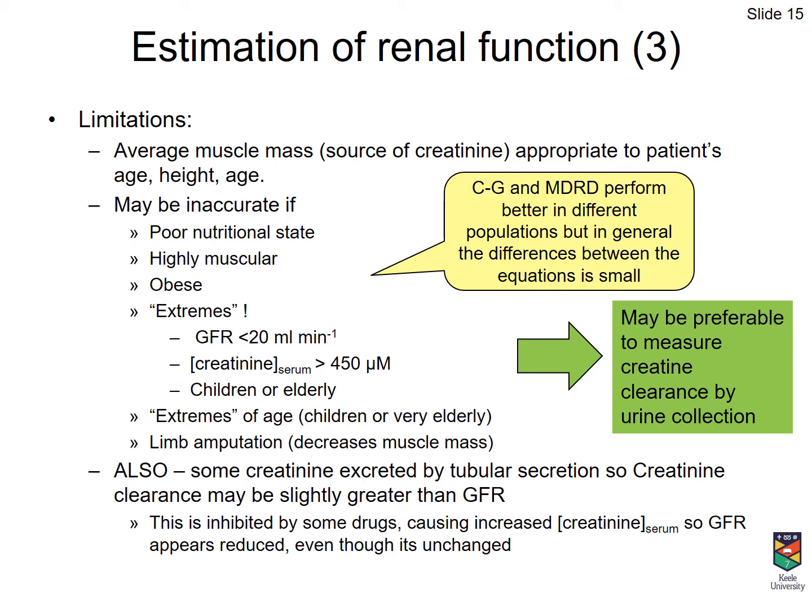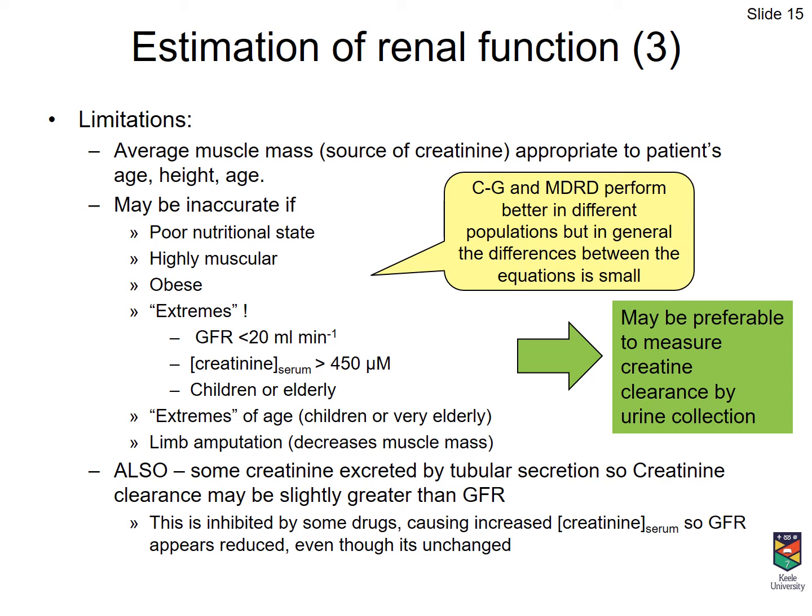So we're assuming actually that the patients have an average mass of muscle, and that may not be true, of course, because if they're in a poor nutritional state, or if they spend a lot of time in the gym working out, for example, they may have extremes of muscle mass, very low or very high. And this can also be affected by obesity, because that means the patient is going to have a lot more adipose tissue, so they proportionally have less muscle tissue for their weight.